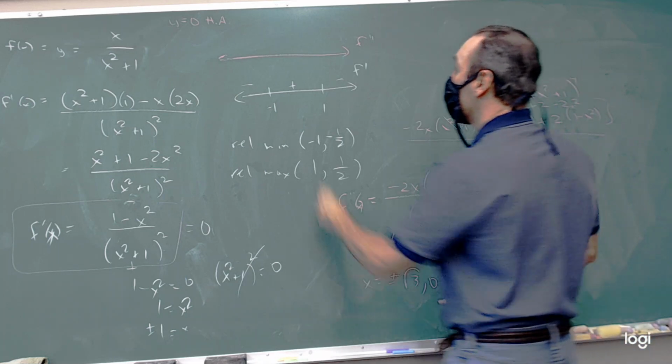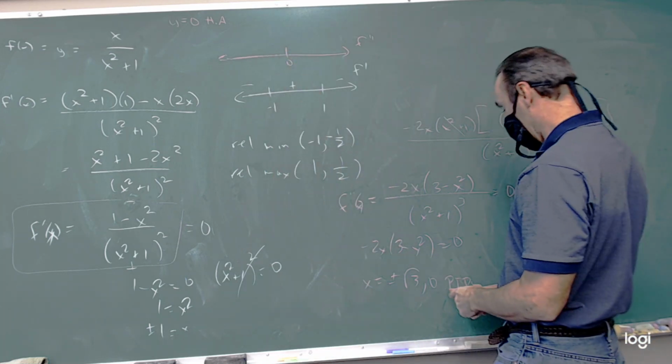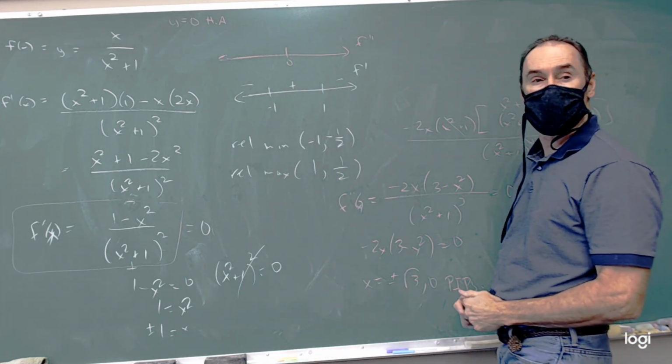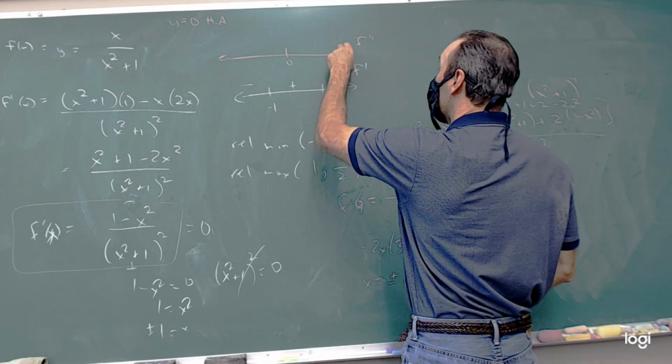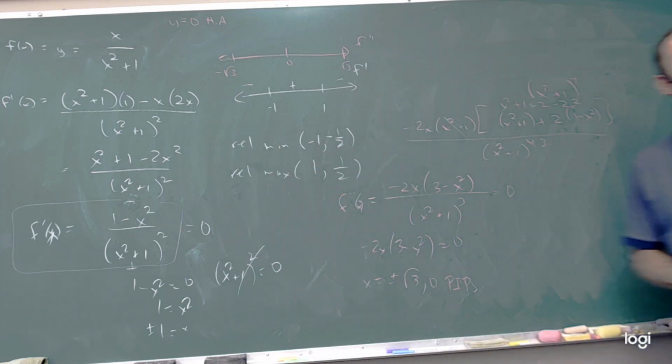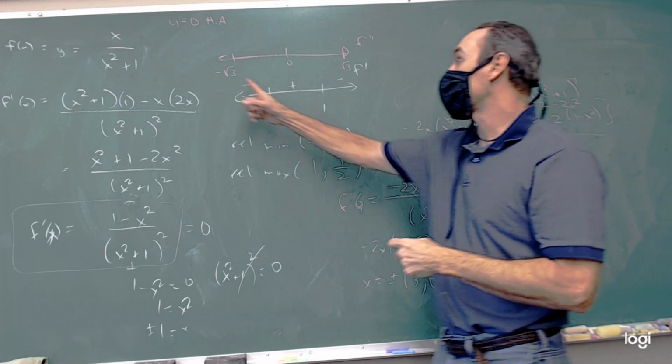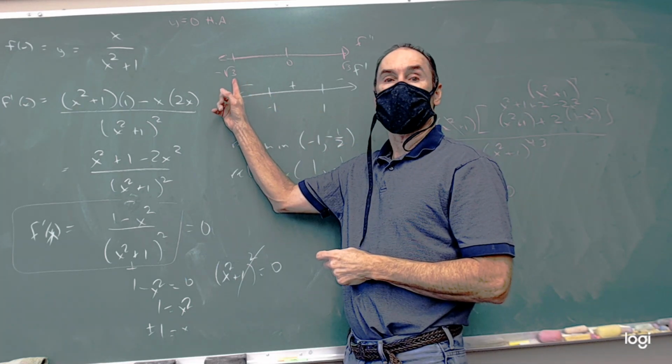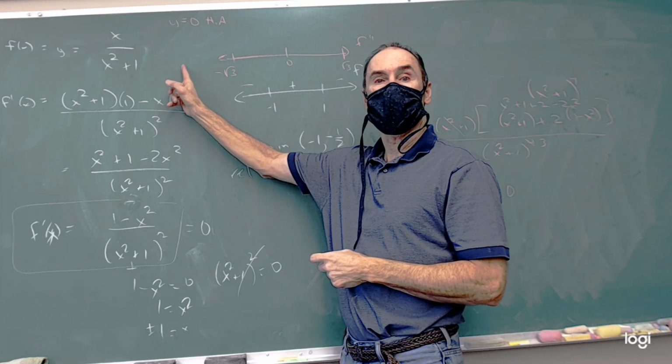So 0 is going to be right here. That's a PIP. Square root of 3 is bigger than 1, so it's going to be more over here. And the negative square root of 3 is going to be there. Square root of 3 is less than square root of 4, so square root of 4 will be 2, so a negative 2 is over here to the left.